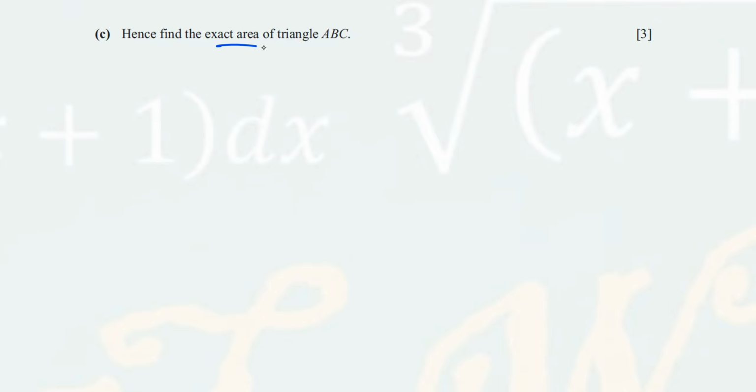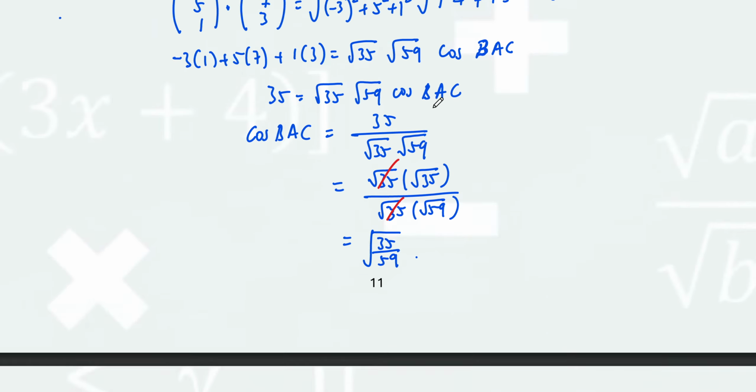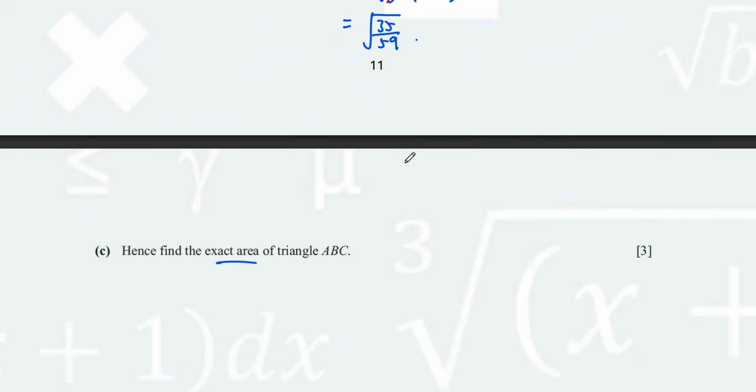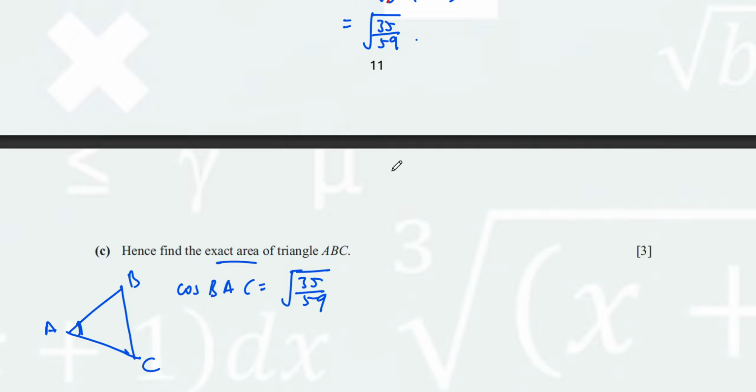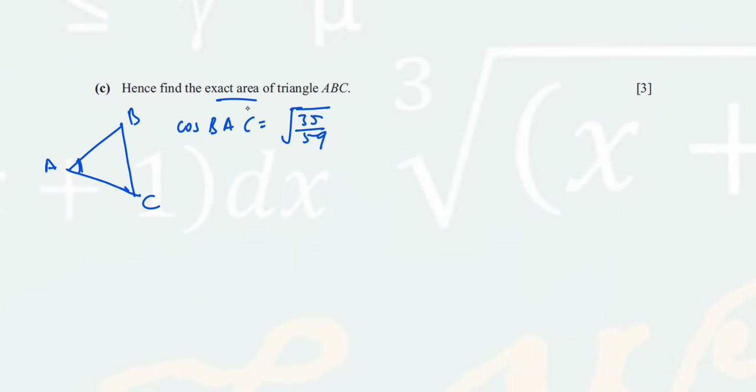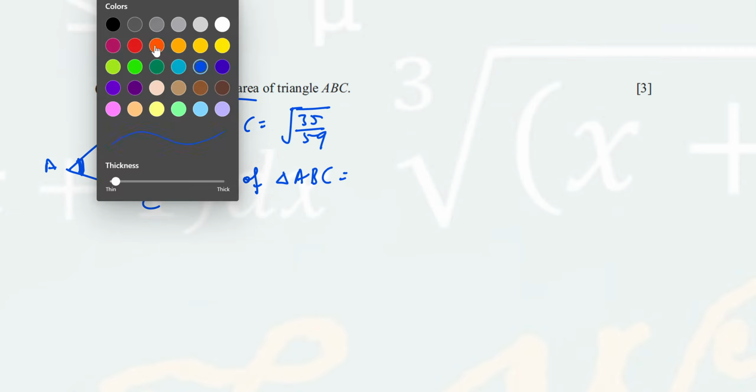Hence, find the exact area of the triangle ABC. Okay, go back to this triangle. Maybe I just redraw. So, cos BAC is found. Now, for the area of triangle ABC, since we know this angle, we use this formula.